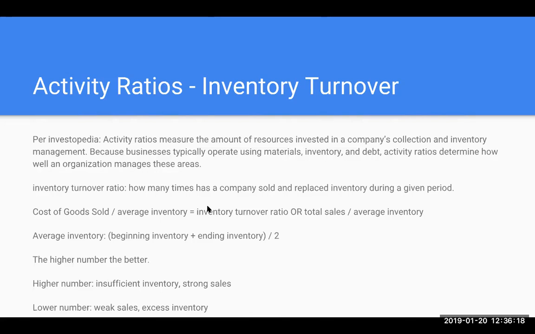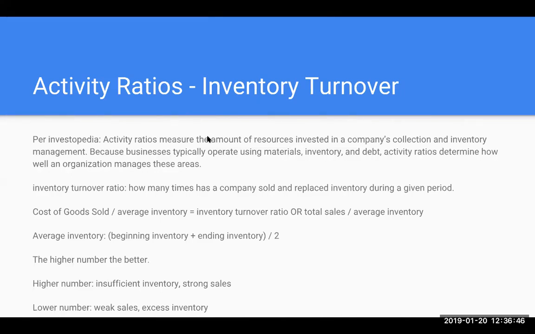So here, per Investopedia, activity ratios measure the amount of resources invested in a company's collection and inventory management. Because businesses typically operate using materials, inventory, and debt, activity ratios determine how well an organization manages these areas. So here, the inventory turnover ratio is how many times a company has sold and replaced inventory during a given period.